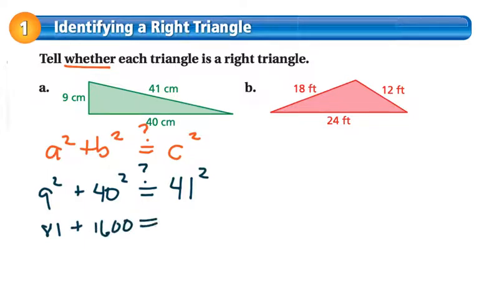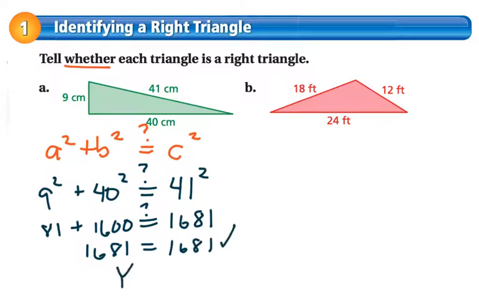And does that, in fact, equal 41 squared, which is 1,681? This one becomes obvious very quickly because 81 plus 1,600 is 1,681. So are they equal to 1,681? And well, yes, of course.